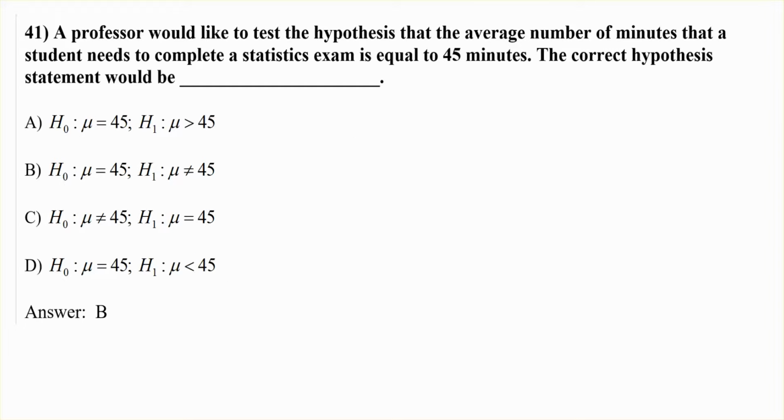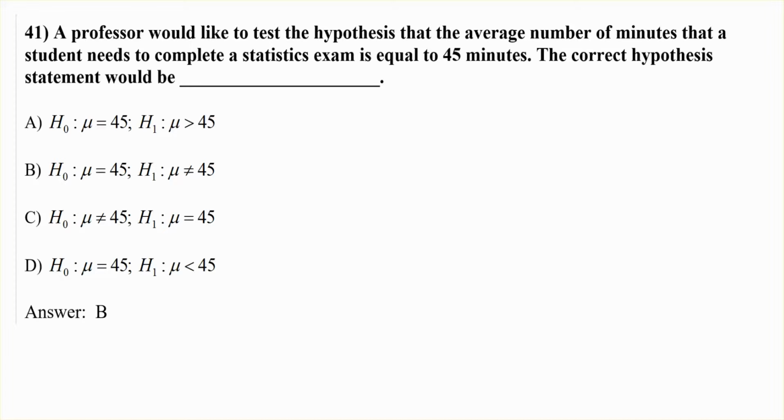So this next example highlights this. A professor would like to test the hypothesis that the average number of minutes that a student needs to complete a statistics exam is equal to 45 minutes. So the correct hypothesis statement would be, since the equal to 45 minutes has the equality symbol, then that has to be the null hypothesis.